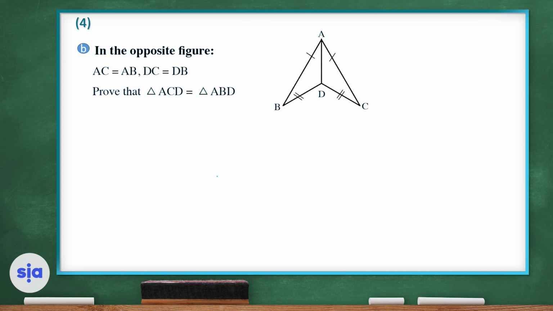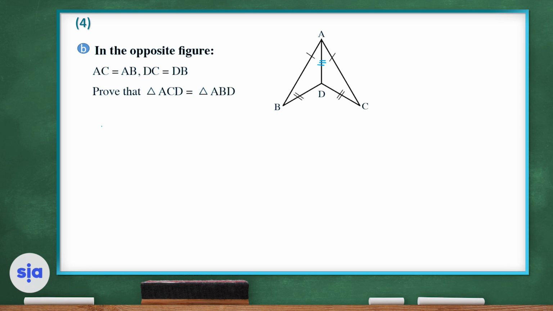Question 4b. In the opposite figure, if AC is equal to AB and DC is equal to DB, yes, excellent, for sure that AD is the common side. So the question wants us to prove that triangle ACD is congruent to triangle ABD.